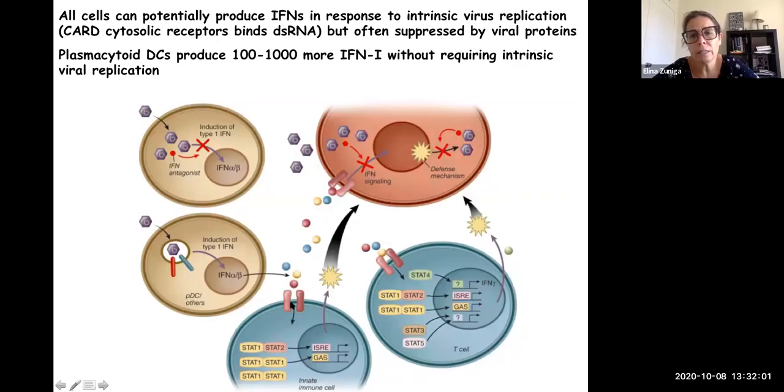And again, this interferon can act in a paracrine or autocrine manner to protect infected cells and cells that are not yet infected. And of course, viruses have evolved also, and depending on the virus, they are more efficient or not to suppress also interferon signaling.